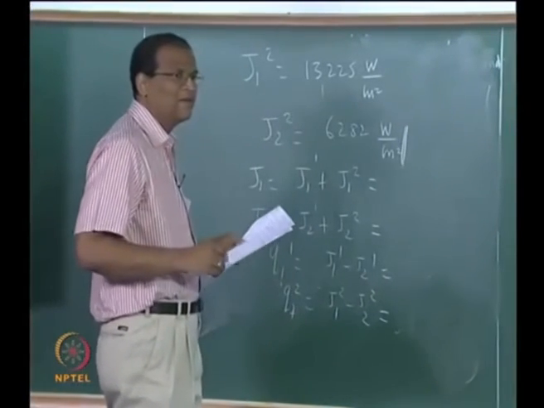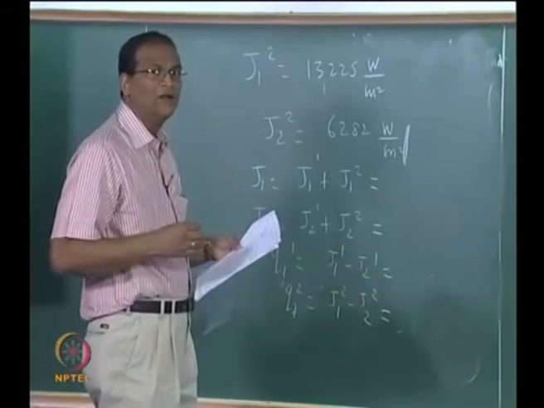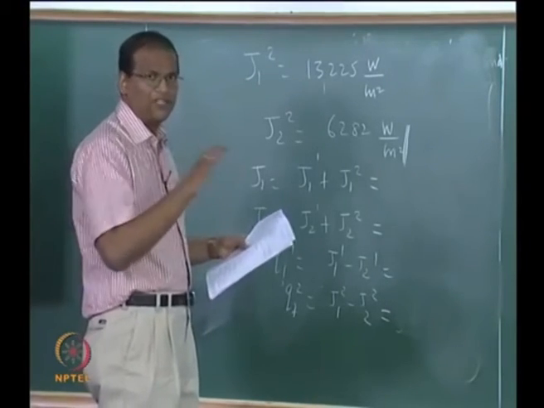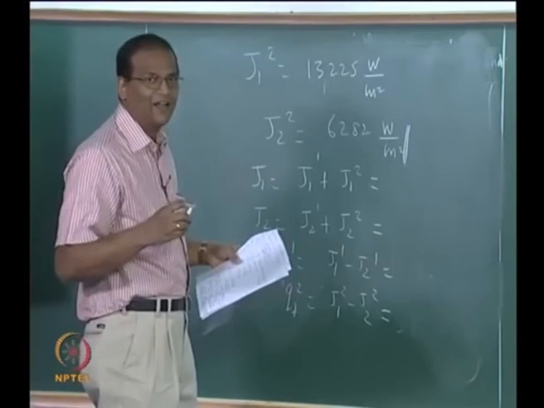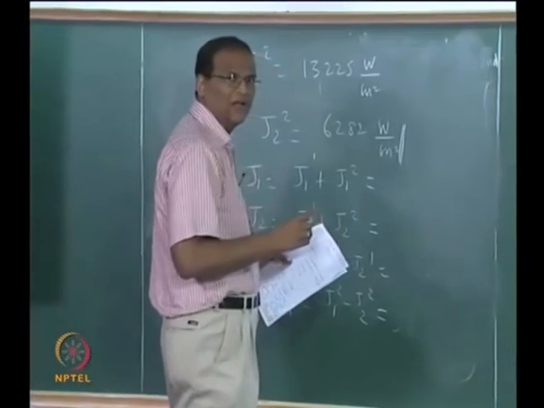J1 is. Directly you can write, but for the sake of completeness, J1 is 37650.